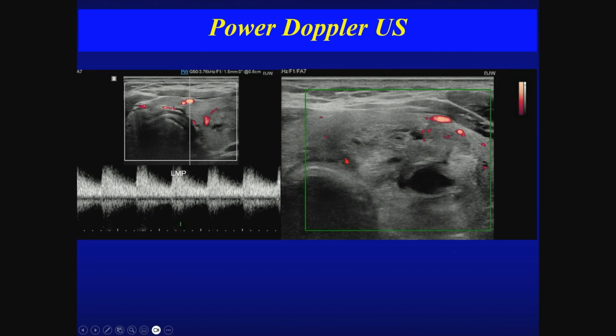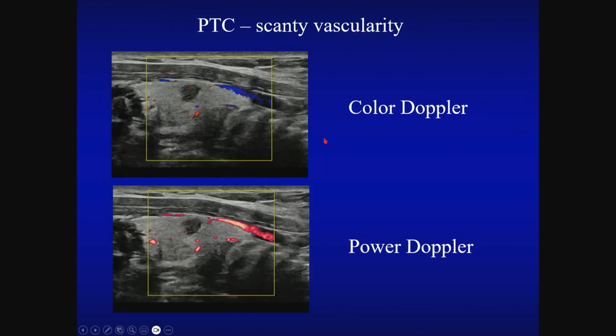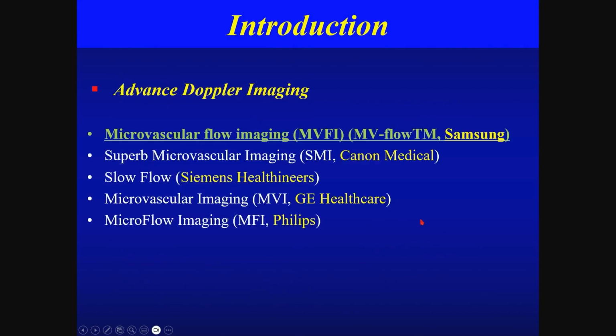Therefore, our team has used power Doppler ultrasound for RF ablation of thyroid. However, in some tumors, we cannot see the vascularity inside the tumor in both color Doppler and power Doppler. So several years ago, our team started to use microvascular flow imaging, which is one of the advanced Doppler imaging tools.